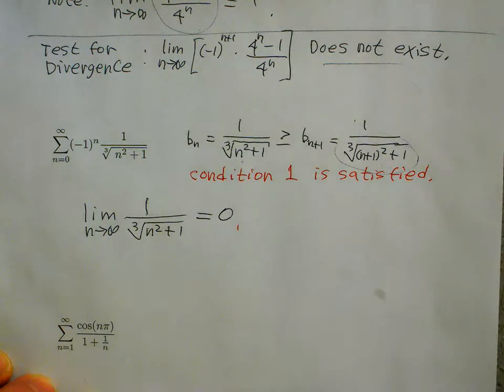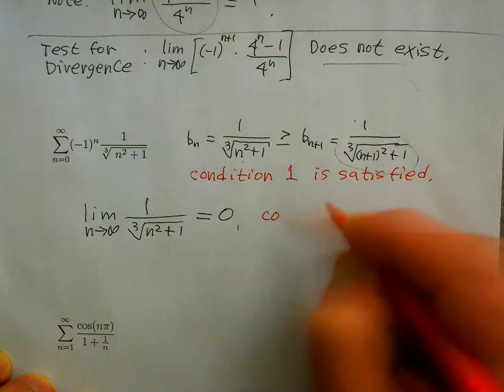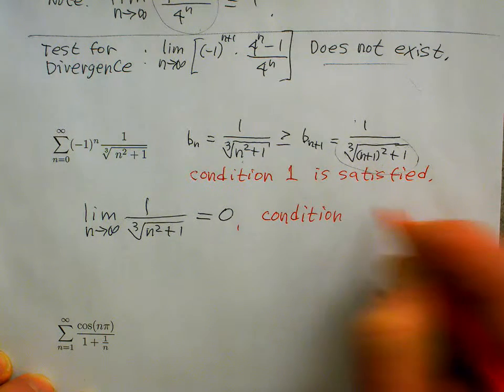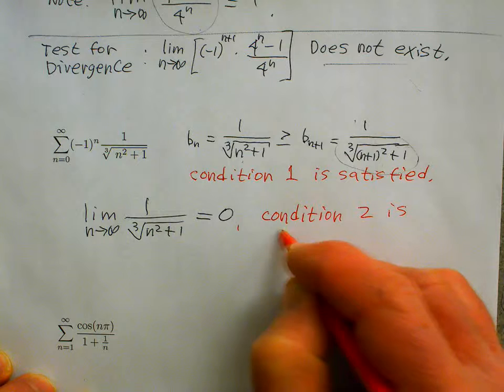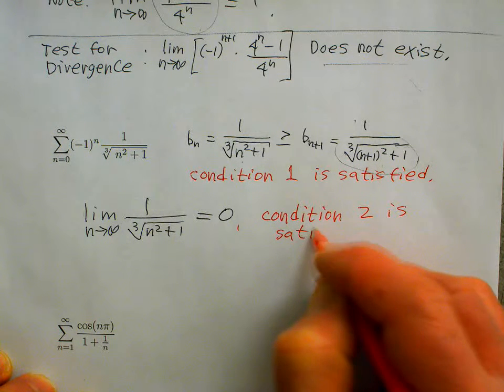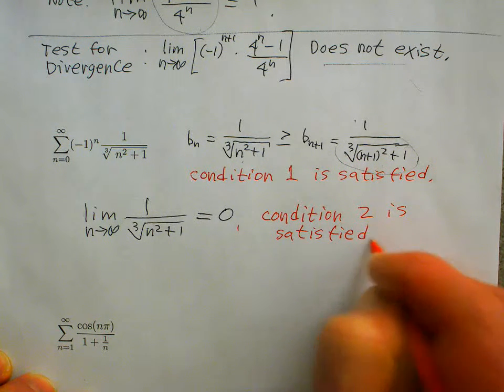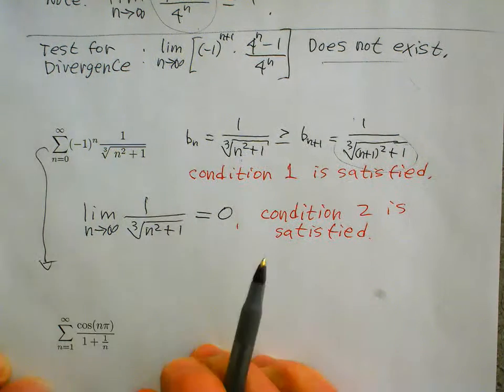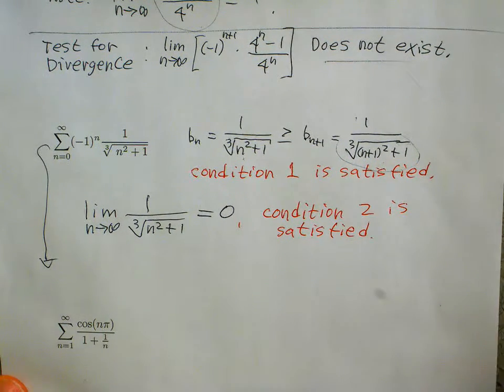So that means condition 2 of the alternating series test is satisfied. And so the series converges by the alternating series test.